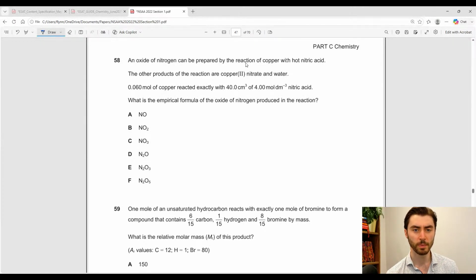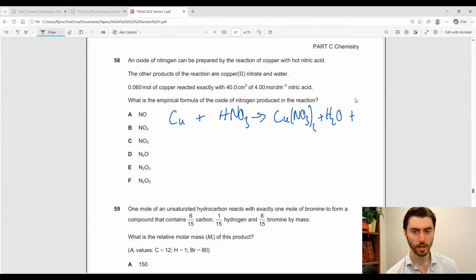An oxide of nitrogen can be prepared by the reaction of copper with hot nitric acid. The other products are copper nitrate and water and something, and an oxide of nitrogen.